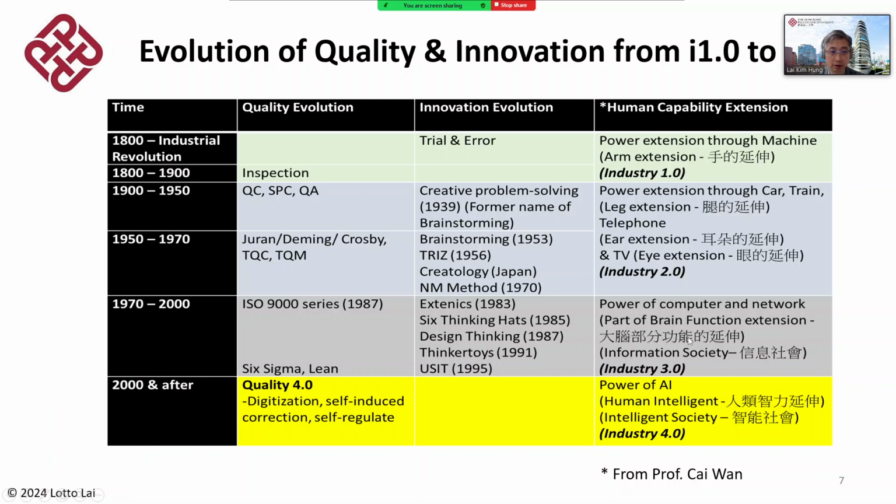And then industrial 3.0 is IT, the information society. At that time, the power of computers and networks means part of our brain function extension. However, after 2000 until now, with the power of AI, human intelligence is coming, extending, into the intelligent society. From the information society we go to the intelligent society.